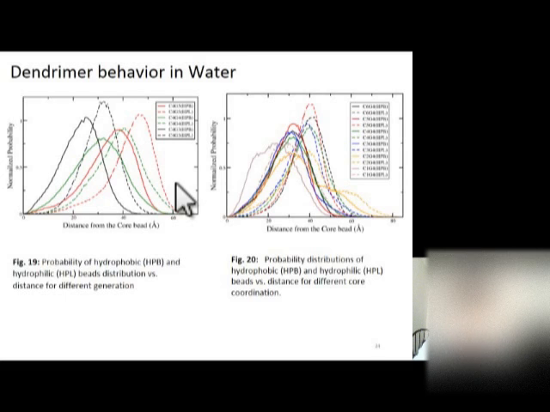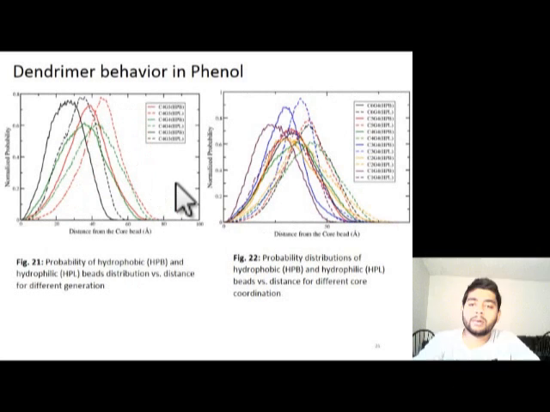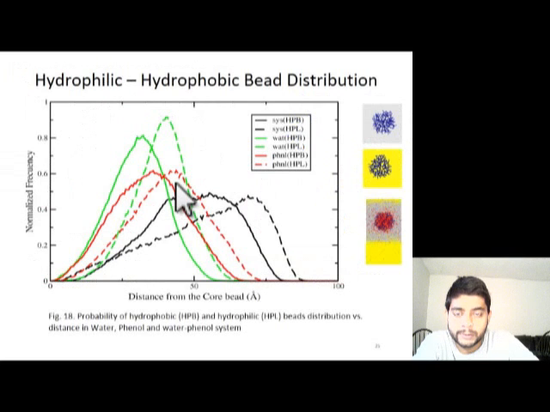And also we try to observe the behavior in phenol. We plot the normalized probability versus distance from core bead, and we observe the same pattern like in water, like hydrophilic beads are more distant from core, and while hydrophobic beads stay close to the core.